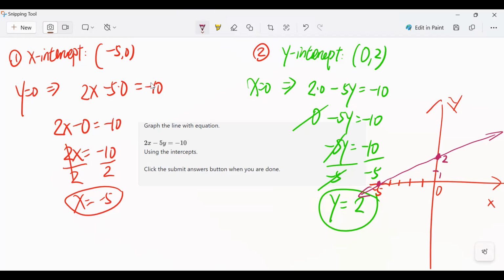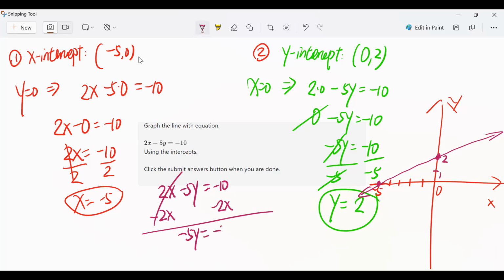So first of all, we can also confirm this, right? Using the slope-intercept form, slope and y-intercept. We copy the equation and solve for y. Subtract 2x on both sides of the equation. -5y equals -2x plus 10.